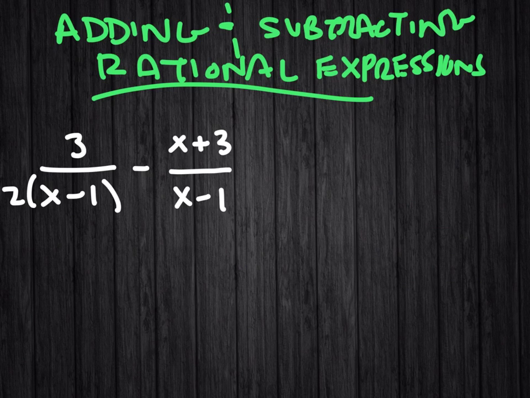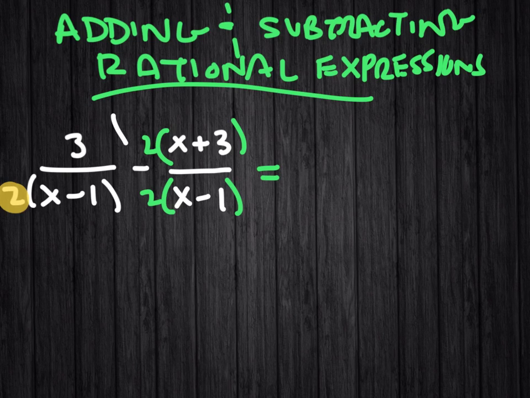In this case, the denominators are pretty close, but one has a 2 in it, so we would want to multiply this side by a 2, top and bottom. So I'm going to do that. And in doing so, what you have to be careful of is that really you're multiplying by a minus 2.